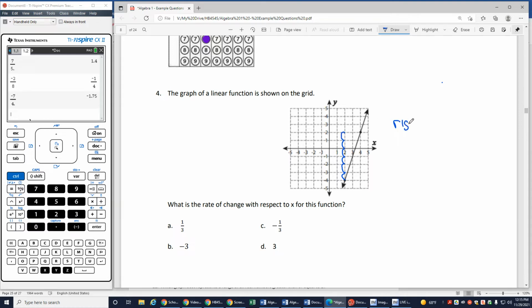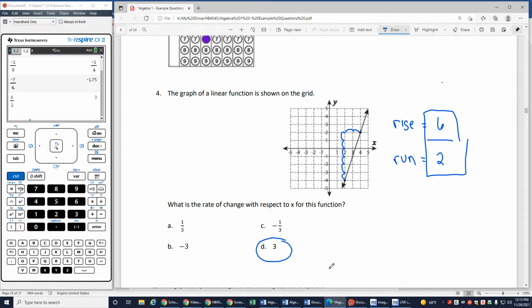So my rise is a +6 because we went up, and then my run is a +2 because we moved to the right. So my slope is 6/2. That's not an answer choice over here, so I know it must reduce. 6 divided by 2 is just 3. So that is my rate of change with respect to x for this function.